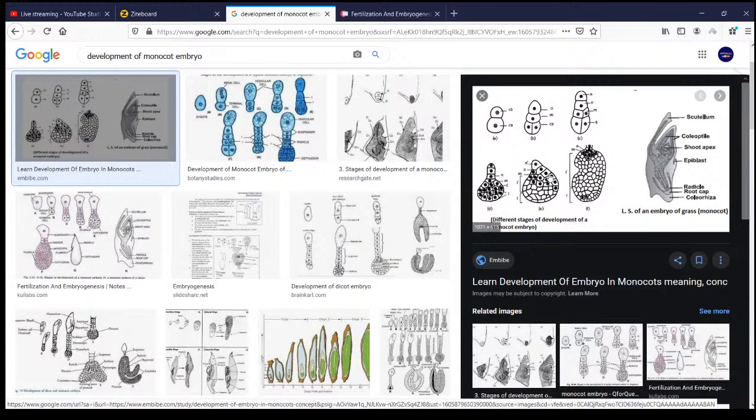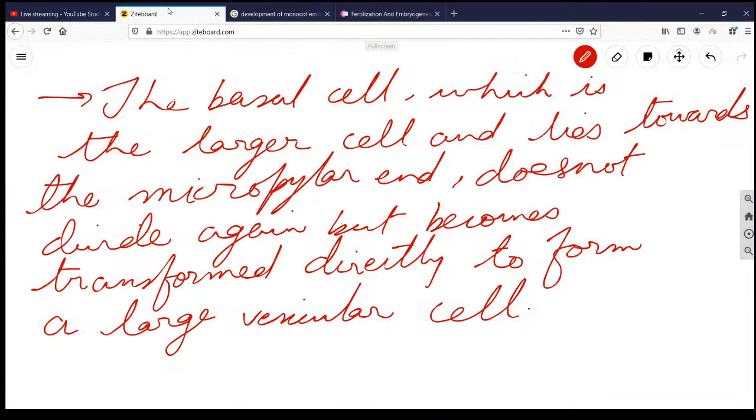If you want to see the differences, I can write down the differences between monocot and dicot embryo development.